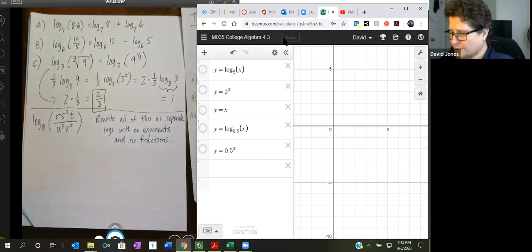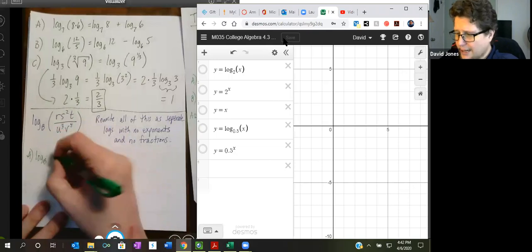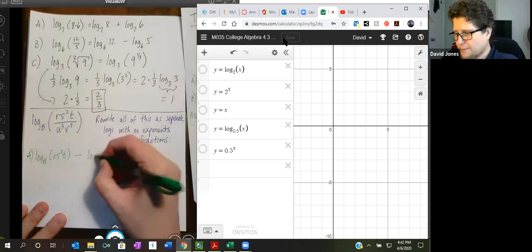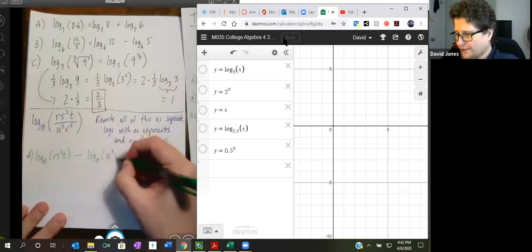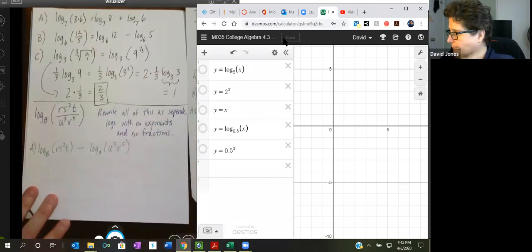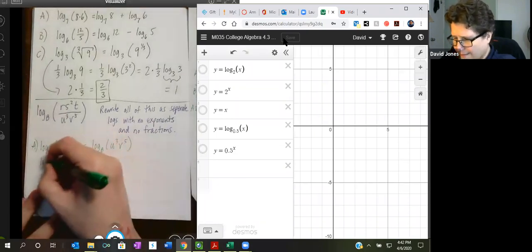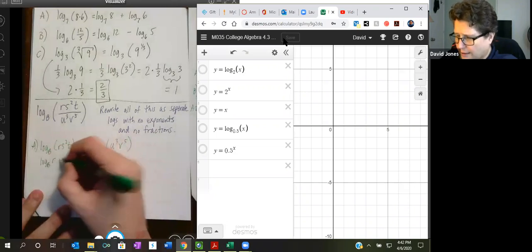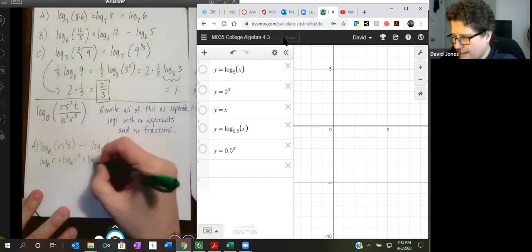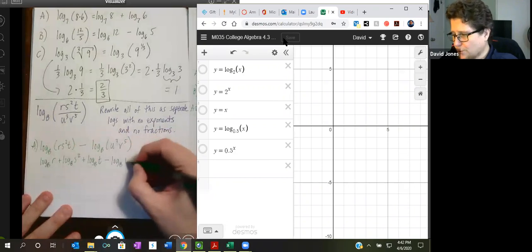The first approach, A, I could treat this as log base b of r s squared t minus log base b of u cubed v to the 5th. That was our division turns into subtraction. Then I can separate these out. I've got log base b of r plus log base b of s squared plus log base b of t minus log base b of u cubed.